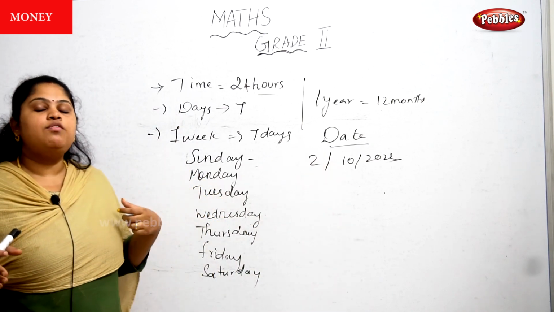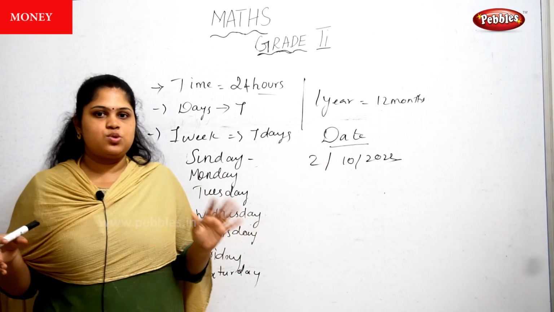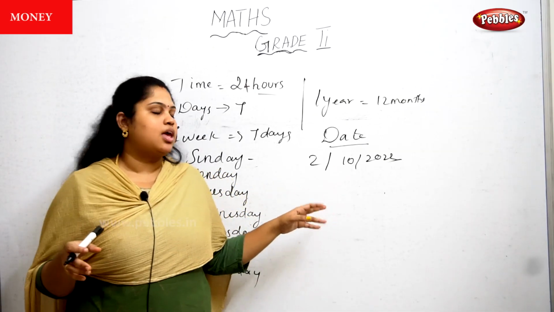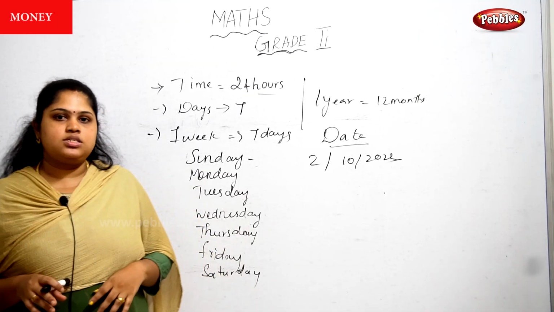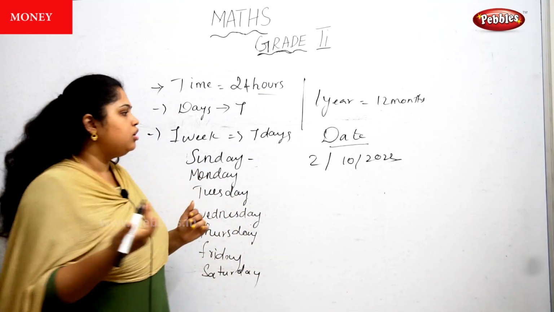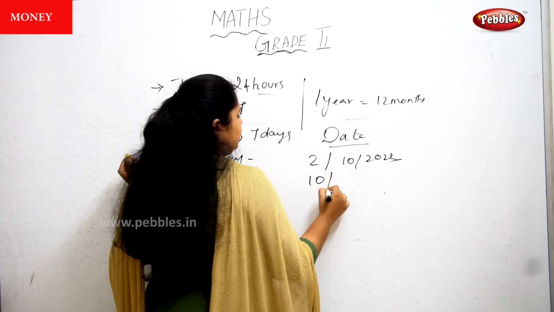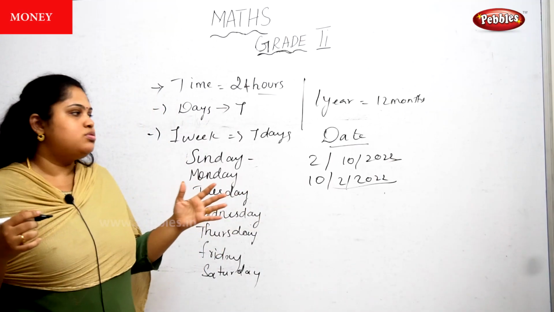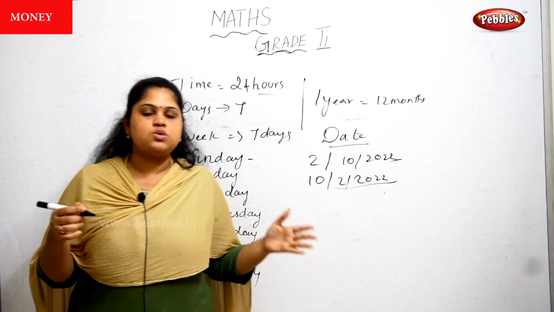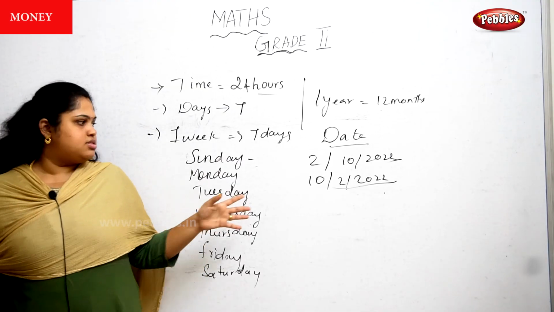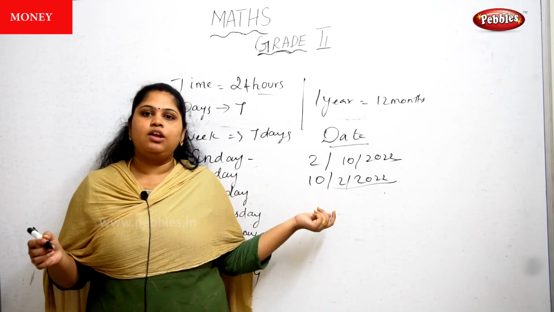This is what we follow in the Indian method. In the Indian method the date is first, the month is second and the year is last. According to the American type, they follow month first, date second and year last. Why do we have to know the two methods? While working with a computer or laptop, the month is always first and the date second.